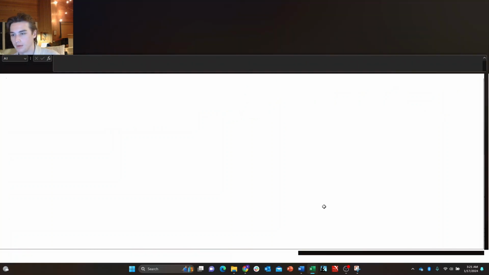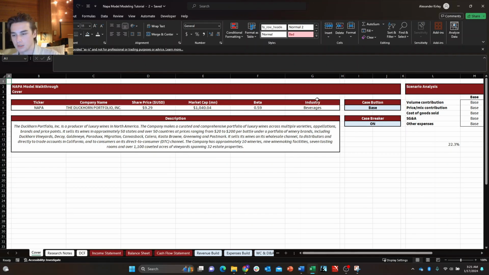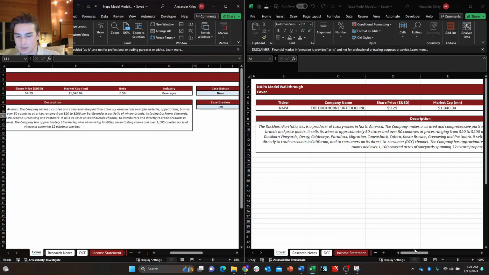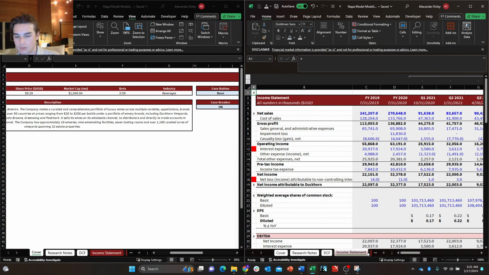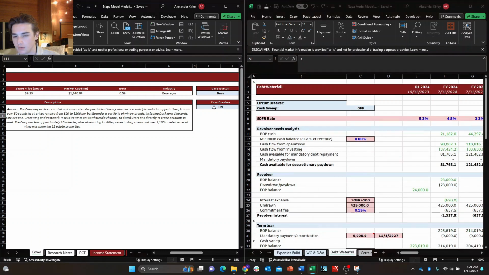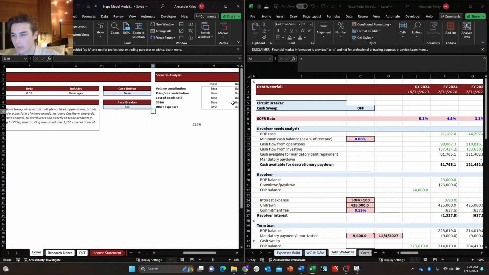Alt WN. So I like this function because it allows me to see multiple things at once. So I can go to my debt waterfall and watch while I change this if it actually alters things.